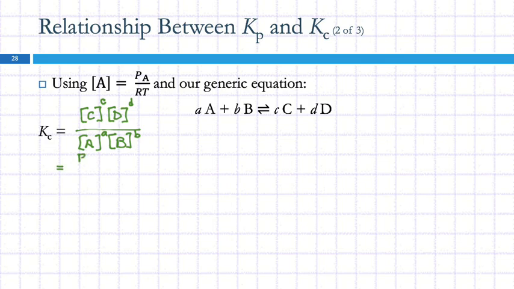So here we have the partial pressure of C over RT to the c power, partial pressure of D over RT to the d power, partial pressure of A over RT to the a power, and the partial pressure of B over RT to the b power. Any questions about what happened there?